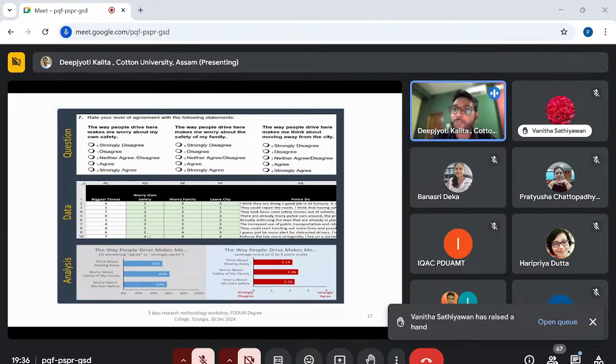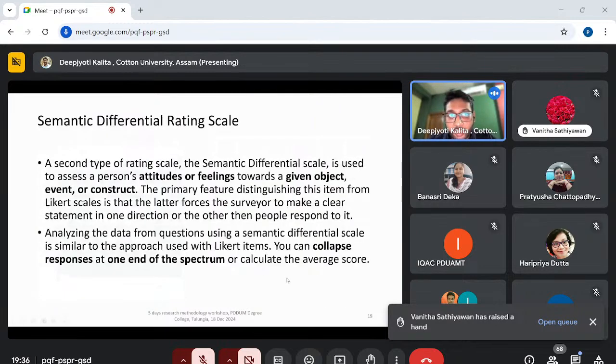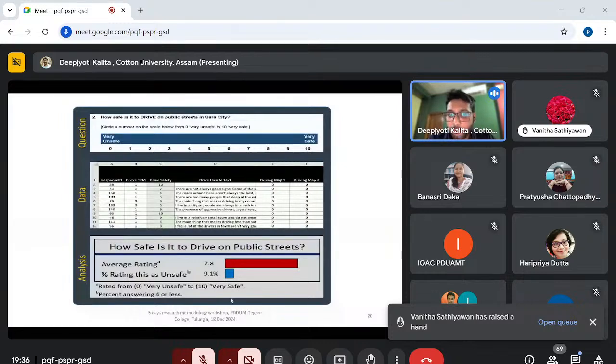But there are 2 such responses giving 1 rating to that question. Even though 2 have given 4, such people are there who are giving 1 rating. So that portion is actually missing if you only go by that average option. That's why the semantic differential rating is telling us that even if you give an average rating, try to represent people who are dissatisfied.